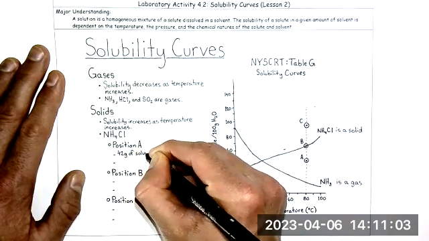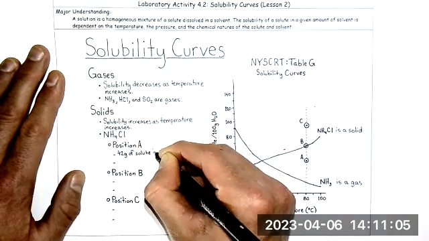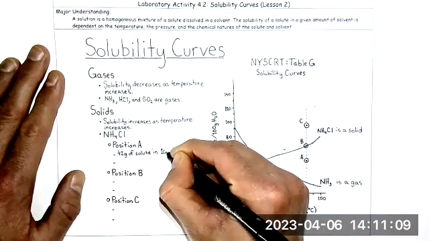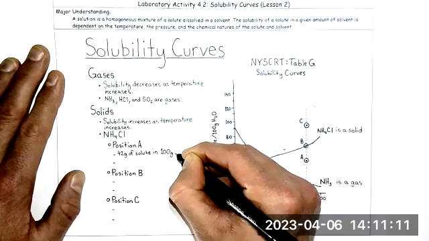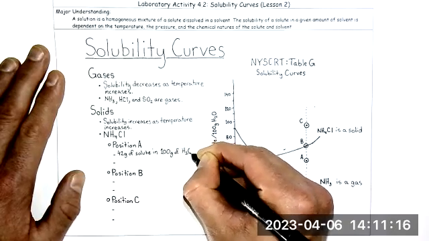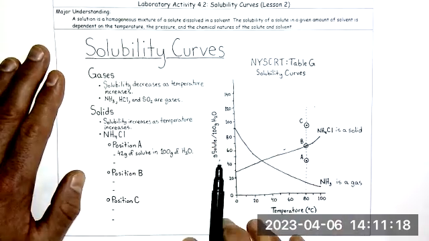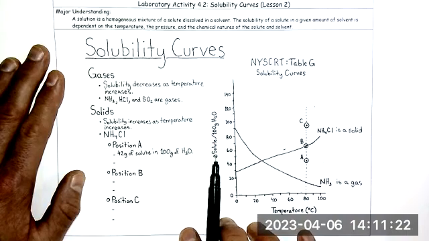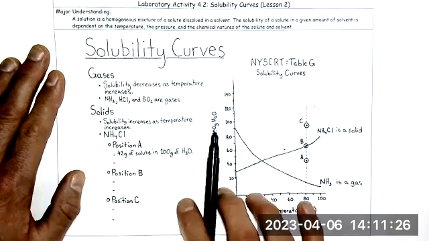in 100 grams of water. Okay, so this entire table is how many grams of material or of a substance will dissolve readily into 100 grams of water.